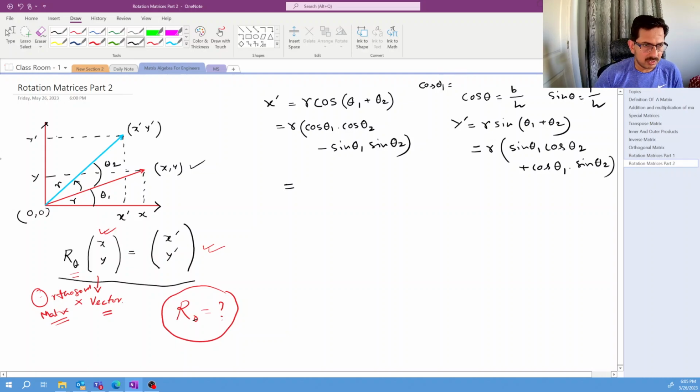For theta 1, base is x and hypotenuse is r. So if r cos theta 1 is giving me the x component, we can write x cos theta 2 minus, similarly, if you do a little bit of math, you can check it like this.